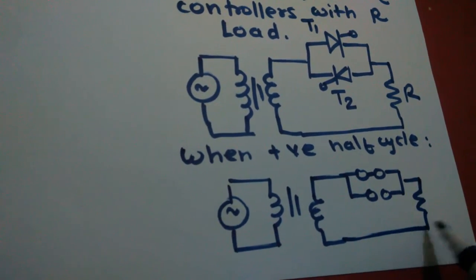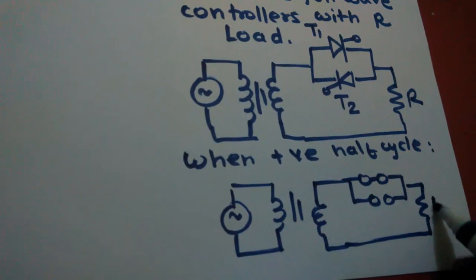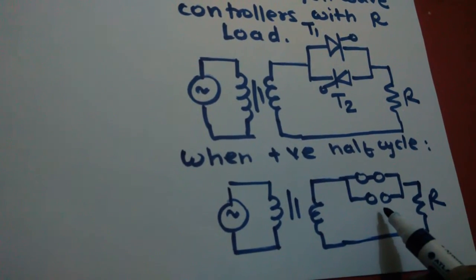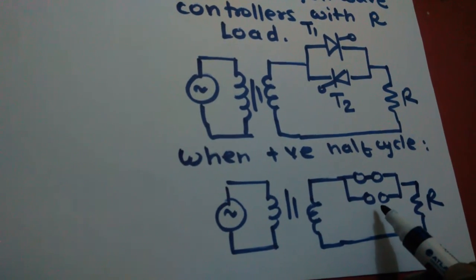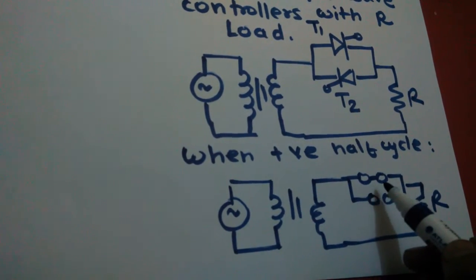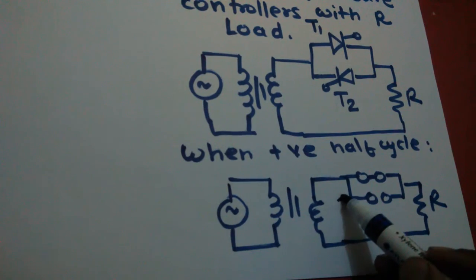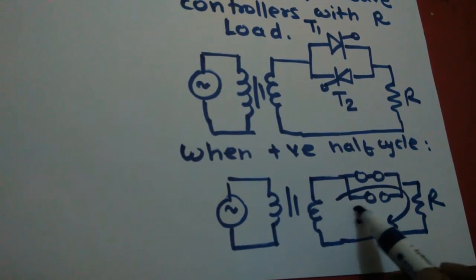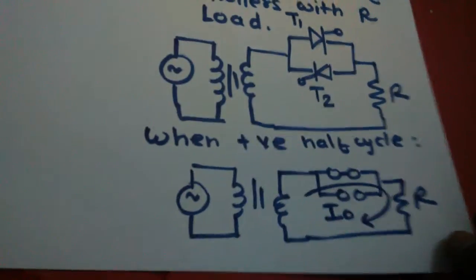So from this circuit we have seen that T1 conducts and T2 is reverse biased. So it will act as an open switch and T1 will act as a short circuit. So load current will flow through the resistive load and that current is I0.